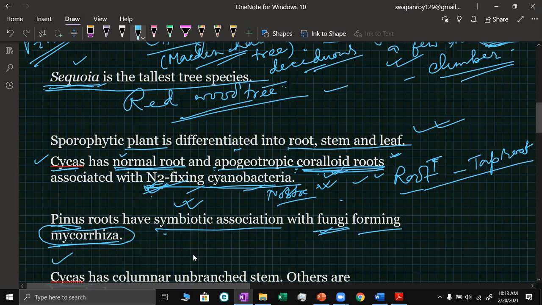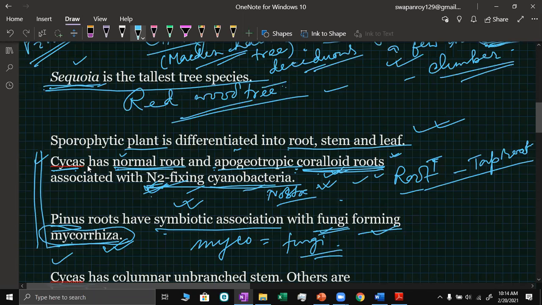Myco means fungi, mycology is the study of fungi, and rhiza is root. So it means fungi containing root or fungi associated root, that is mycorrhiza. All right. So these are two peculiar things that we have to remember.